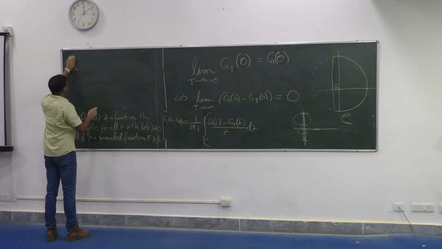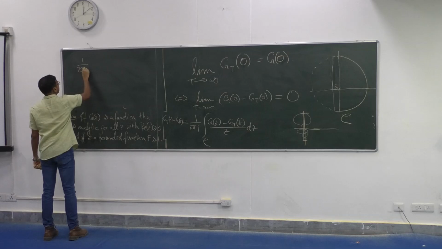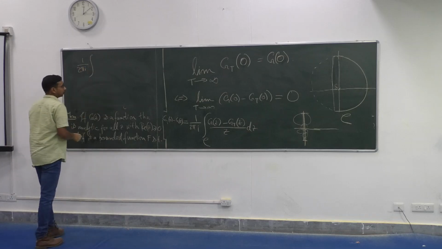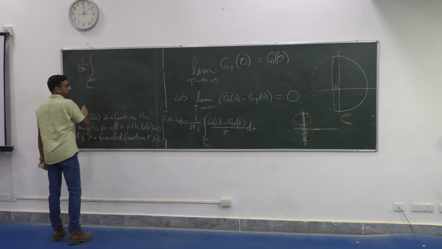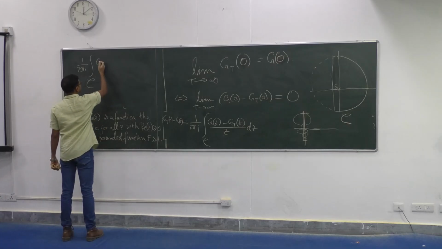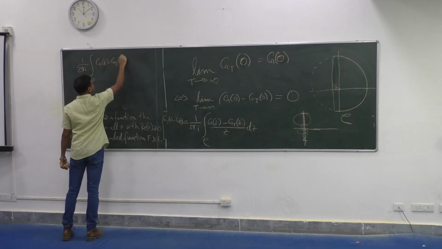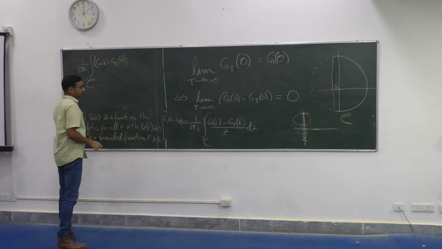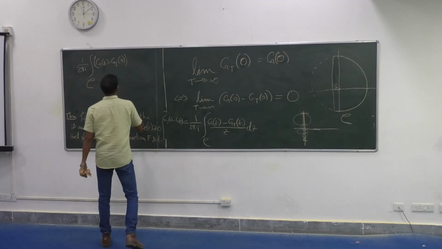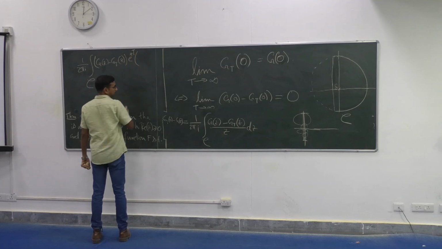Instead, we will consider this integral: 1/2 integral over the contour from 1 to c, dz, minus g_t(z) times e^(zt).